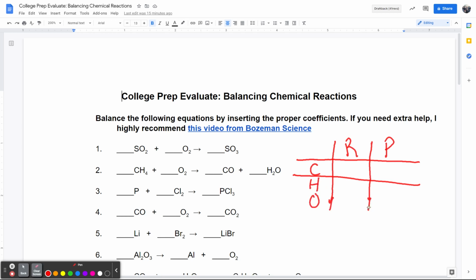So starting off, before it is balanced, on the left-hand side, I have 1 carbon. On the right-hand side, I have 1 carbon. I'm going to put 1 on both sides. On the left side, I have 4 hydrogens, and on the right side, I have 2 hydrogens. And then finally, on the left side, I have 2 oxygens, and on the right side, I have 3 oxygens.